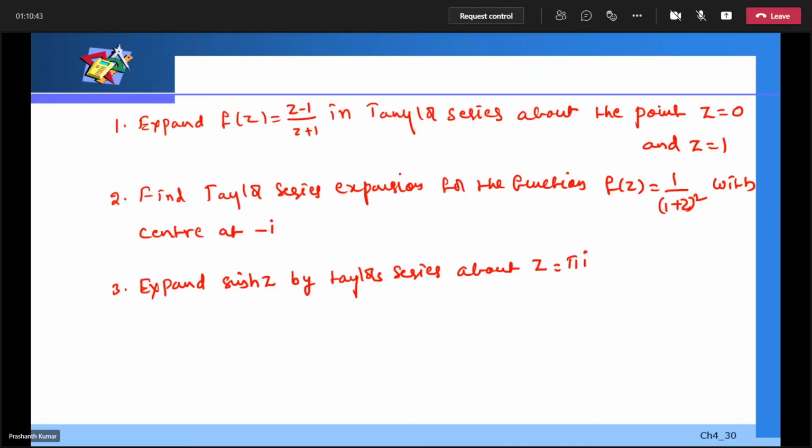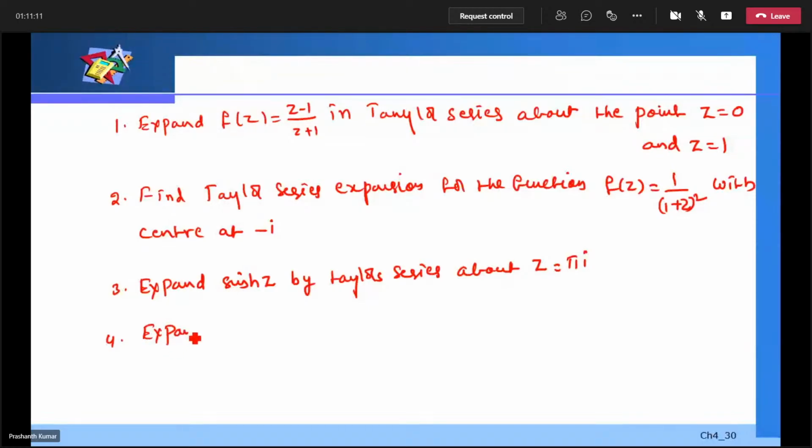That means we want to take z minus pi i is equal to w. You take that and continue as in the previous type. So these were asked so many times previously in the examination. These problems are very important.